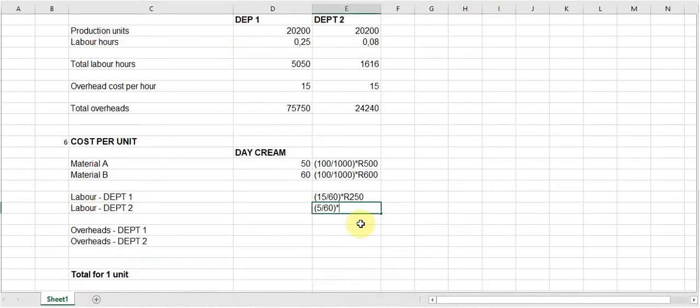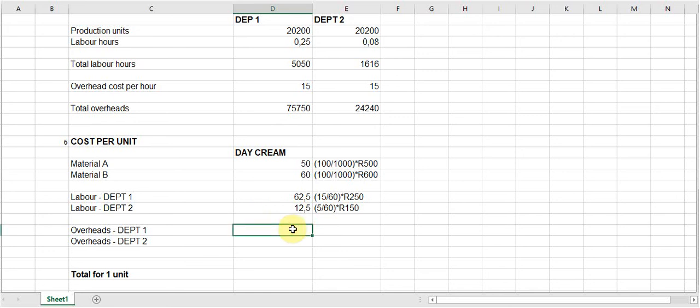I need to do that calculation, 15 divided by 60 times 250, and here it's 5 out of 60 times 150, which gives you 62 Rand 50 and 12 Rand 50 respectively.